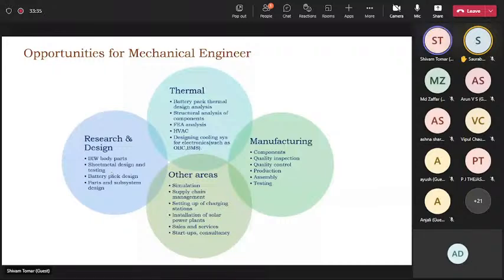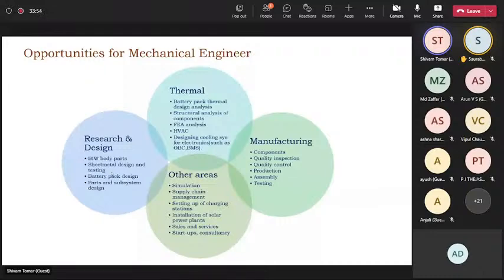So a lot of designing and research is needed in this area, because people like you and me, and the industry, are exploring these domains. They are coming up with new ideas and new designs.